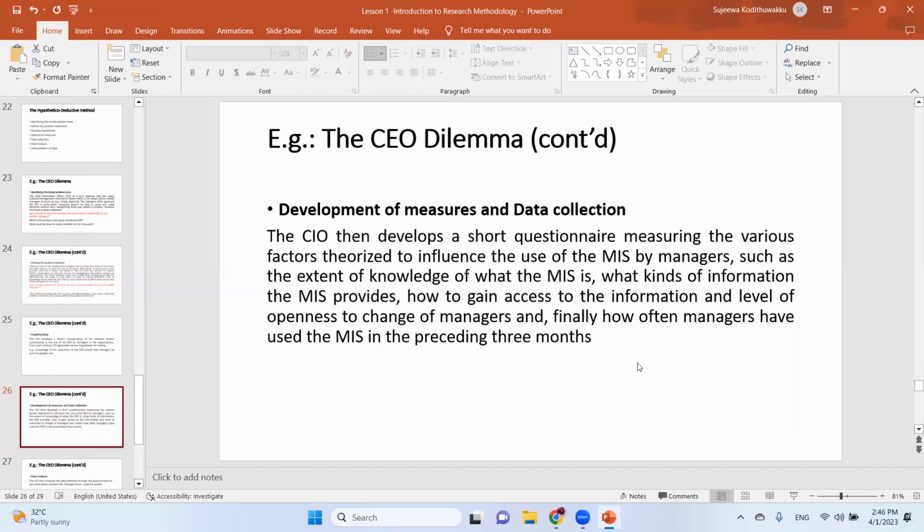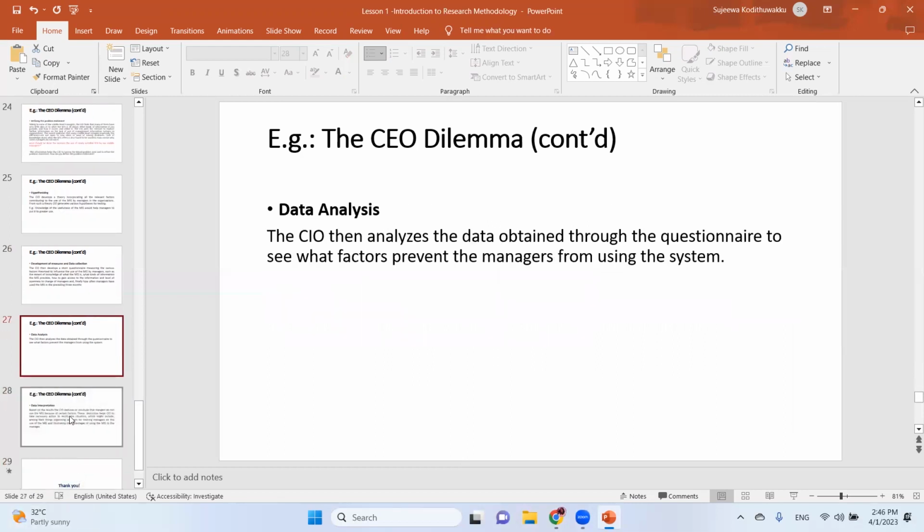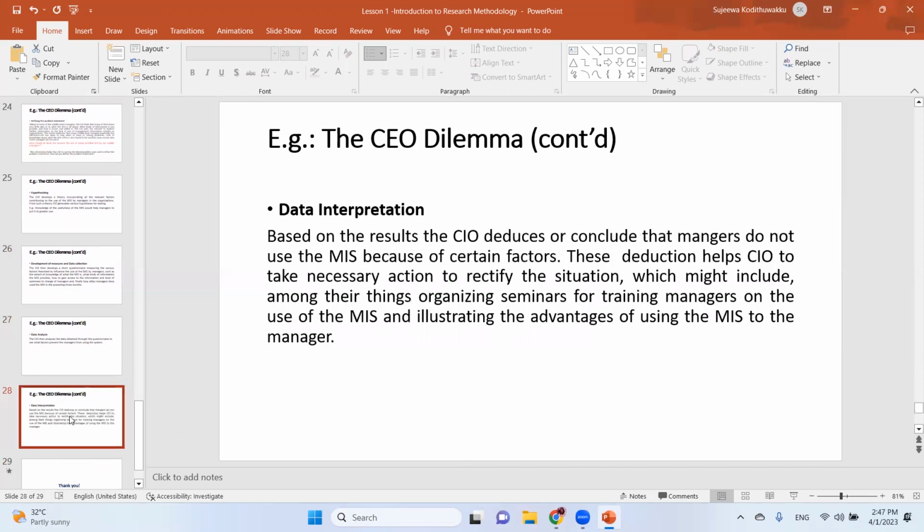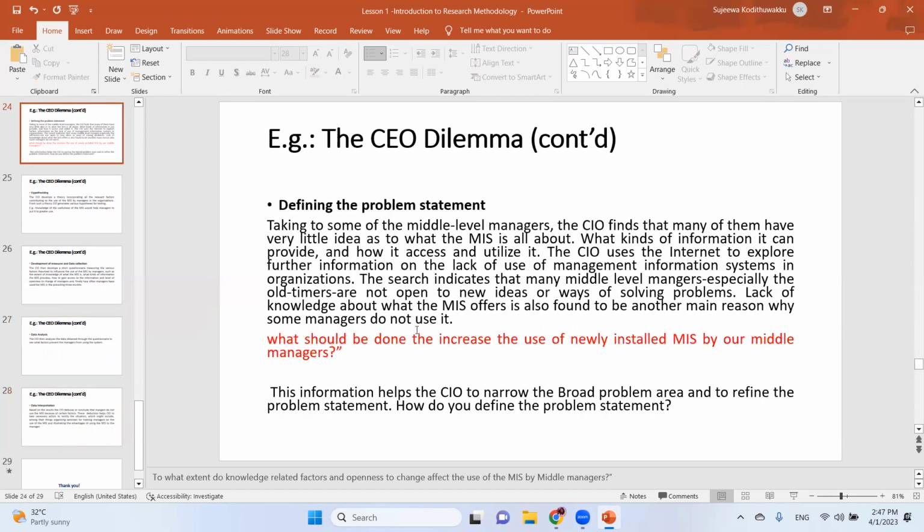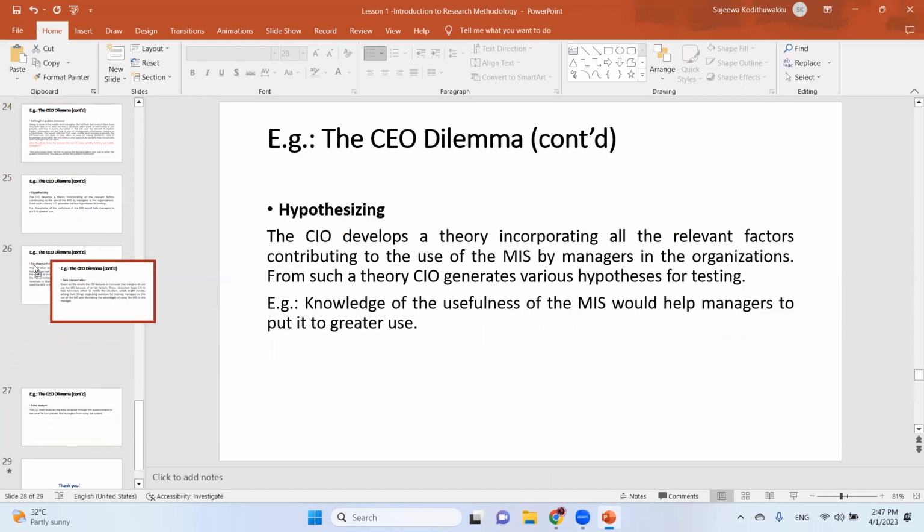For this, definitely you have to collect information from your middle managers. Data analysis will come later, and then you have to interpret the collected information from your middle managers. Now, this is how we want to do research.